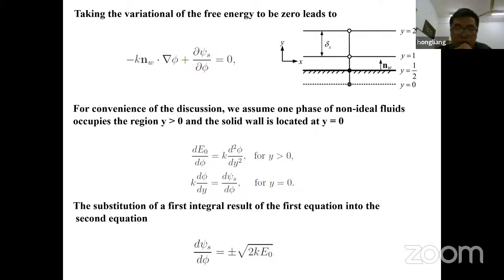For the convenience of discussion, we assume one phase of the non-ideal flow occurs in the region where y is large, and the solid is located at y equals zero. We can obtain two equations. Substituting the result of the first equation into the second one, we can obtain the equation. Next.